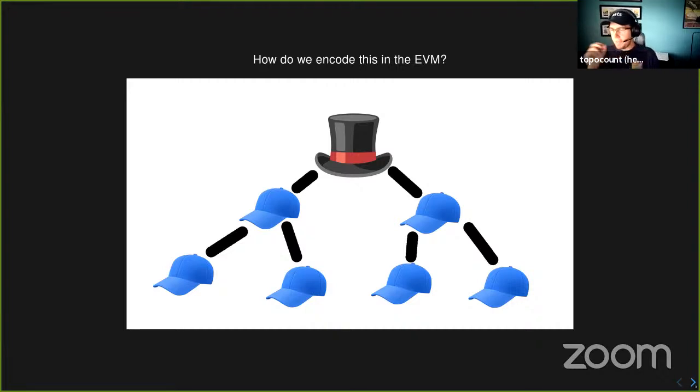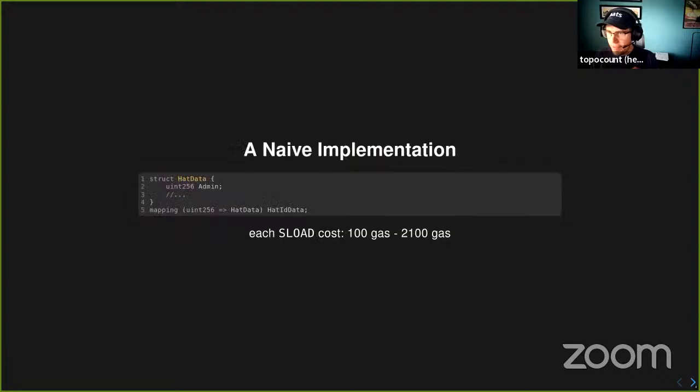The initial attempt at building this into the EVM, a basic implementation, would be to have a pointer to a parent hat in a structure which would be encoded in data in storage on chain.